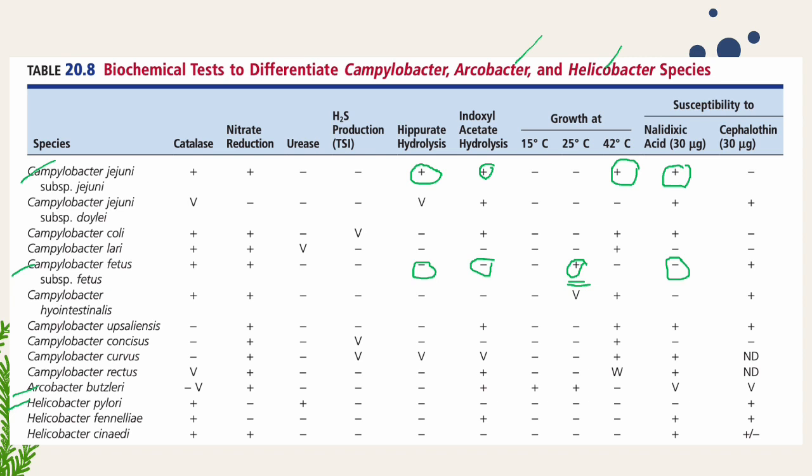So, kahit yung growth lang sa temperature, ma-differentiate natin yung dalawang species under your Campylobacters. For Helicobacter pylori, ang pinaka hallmark is the positive urease test. So, among all the species under your Campylobacter and Campylobacter-like species, only Helicobacter species is positive in urease test.